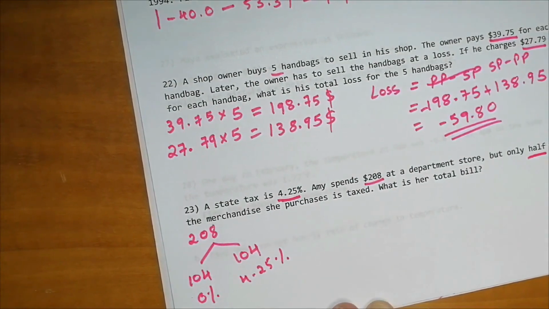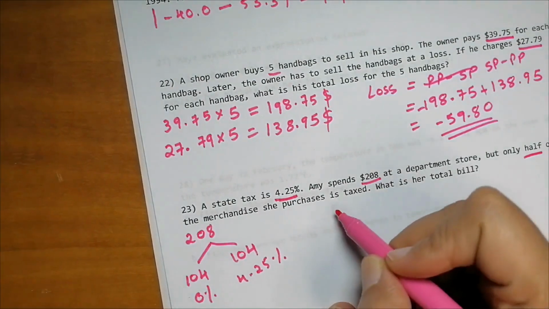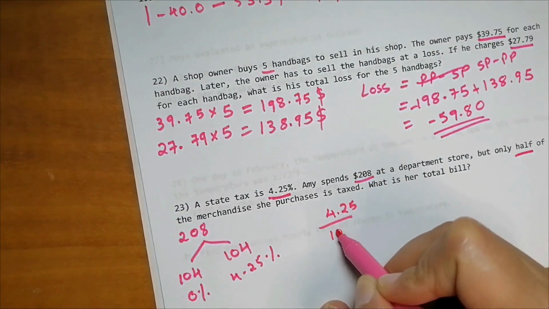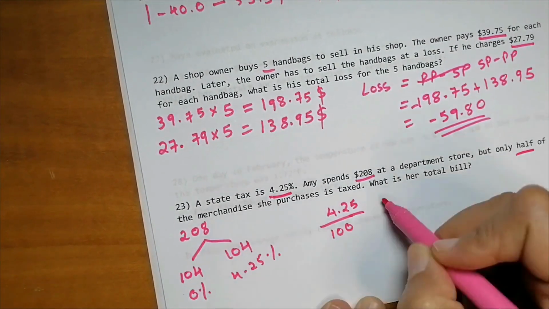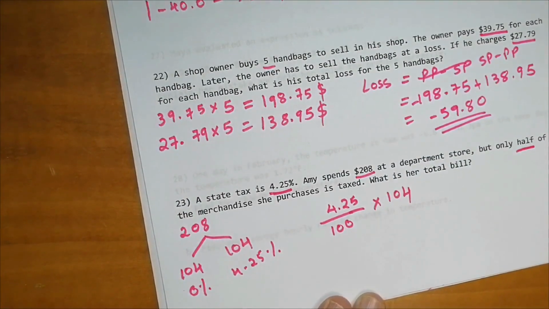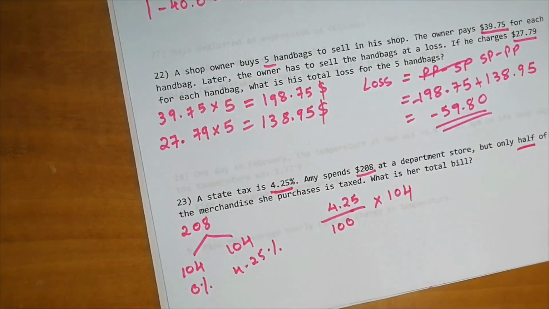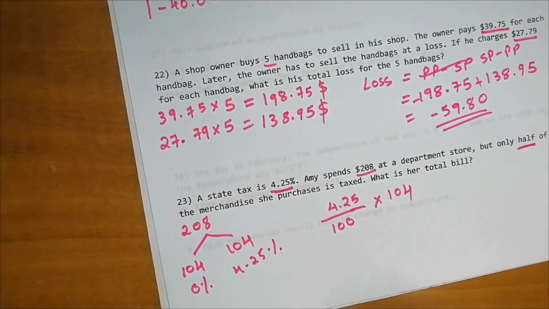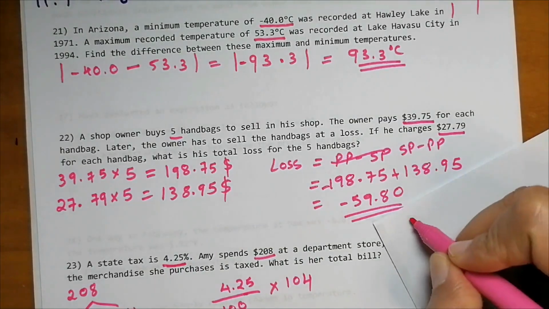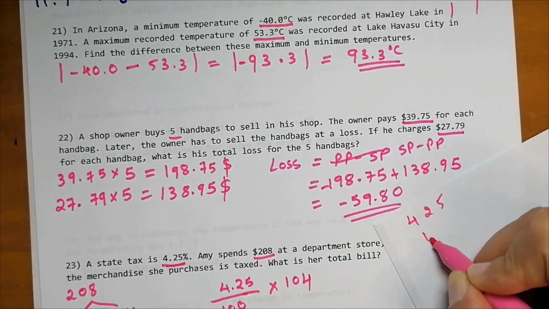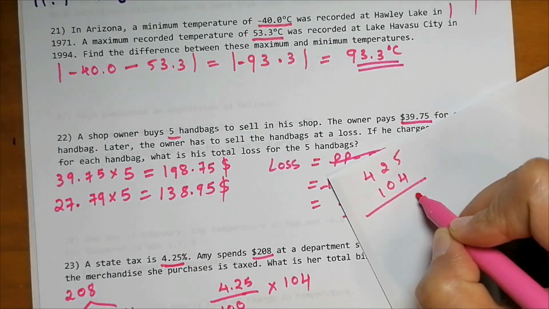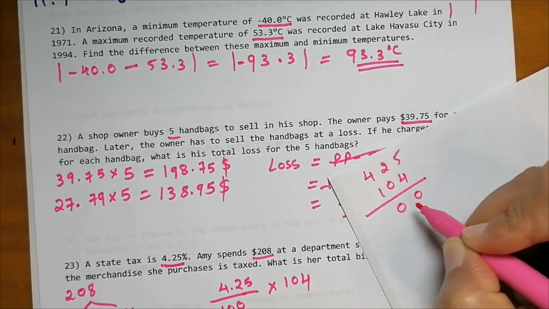So this is the situation given to us. So what will we do now? So when we talk about this percent, we mean 4.25 over 100, right? And that is only on half. So this is what we will have to do. Okay, so let's do the calculations on a rough page here. So we do the calculation here. 425 times 104. Okay, we'll put the decimal points later. So we do this here, 0, 0.